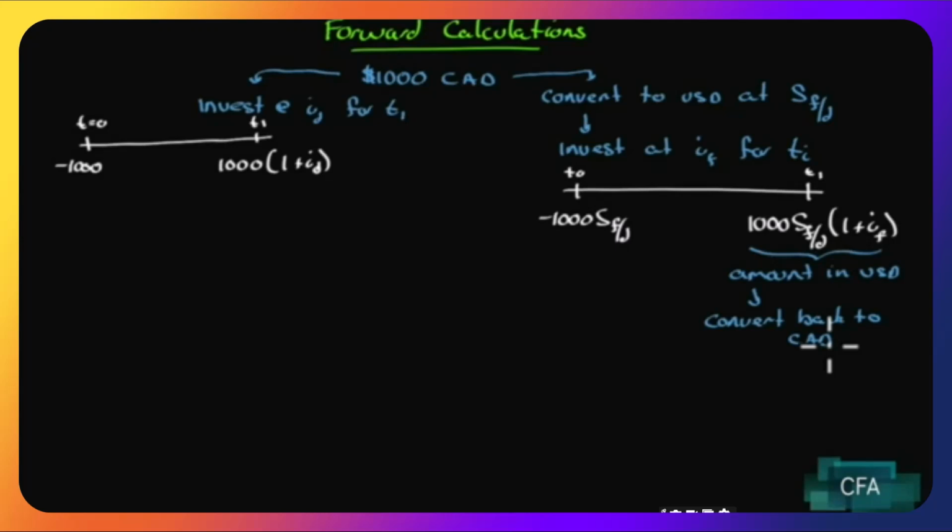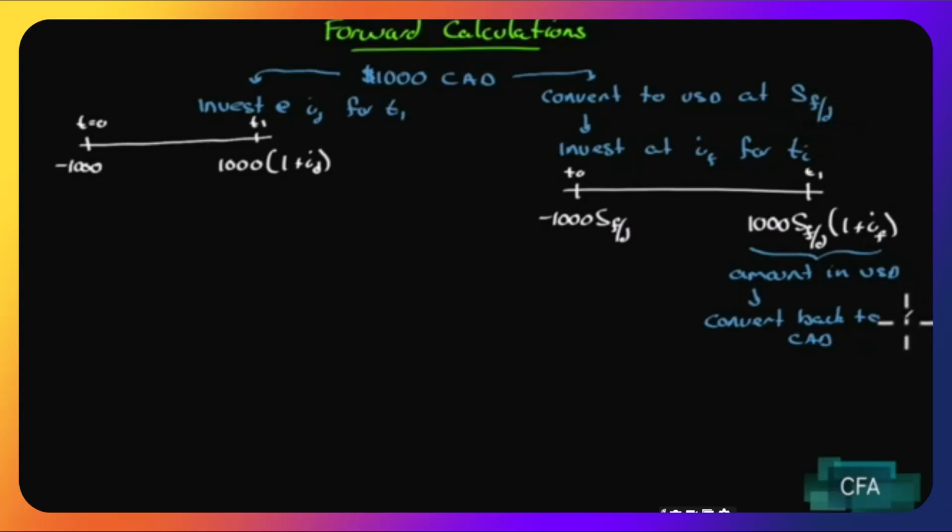So we're just going to put the forward rate in and solve for it. So what do we need to do when we convert back to Canadian dollars? We need to take our American dollars and convert them back to Canadian. So we can multiply our American dollars by whatever the indirect spot rate is. Remember, this is a direct rate because the Canadian is our base.